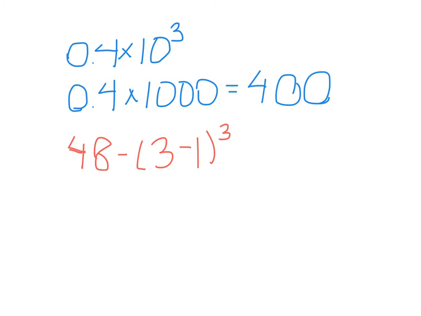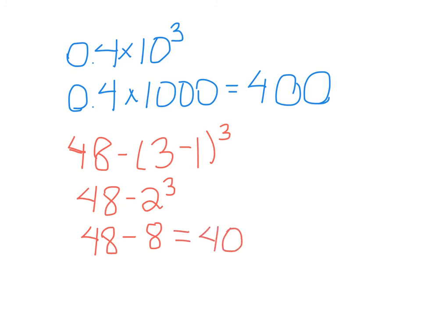We have 3 minus 1. That equals 2. So we rewrite it 48 minus 2, and we keep that power, 2 to the third power. Now our next step would be to do the exponents. So we have 48 minus 2 to the third power, which equals 8. Now all that's left is to subtract. 48 minus 8 equals 40.